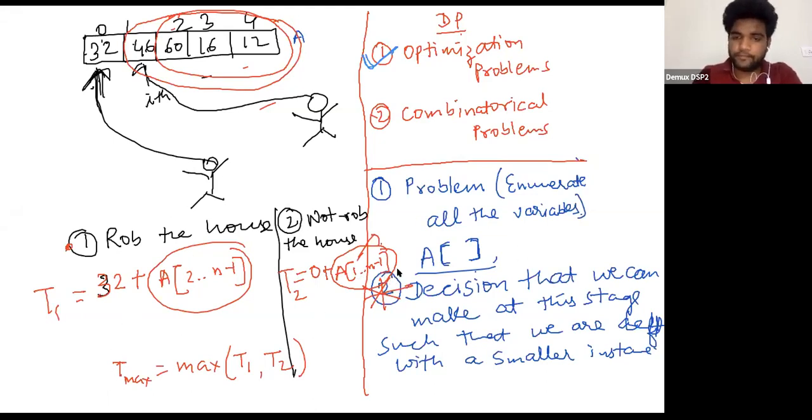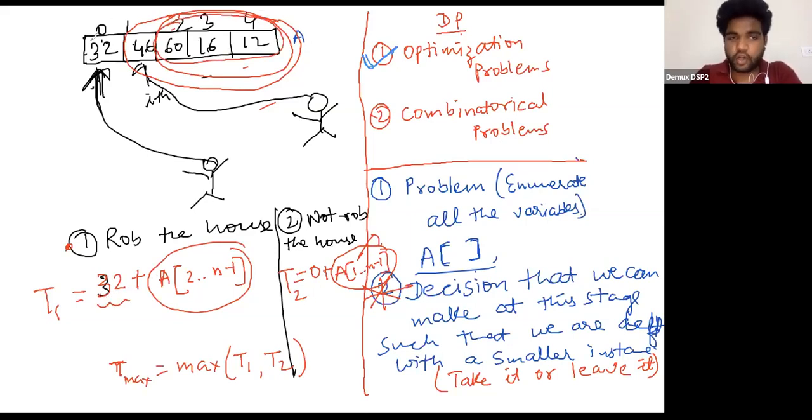So this is the decision that I made. This is one of the decisions that I showed you, which is basically take it or leave it, or include or exclude. And using that decision, our problem reduces to, if he chooses the 0th house, then he has 32 and he is left with this part of the array, 2 to 4.